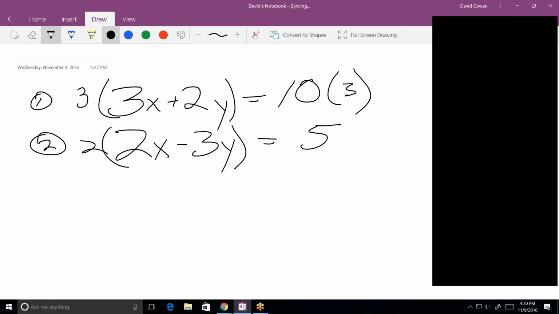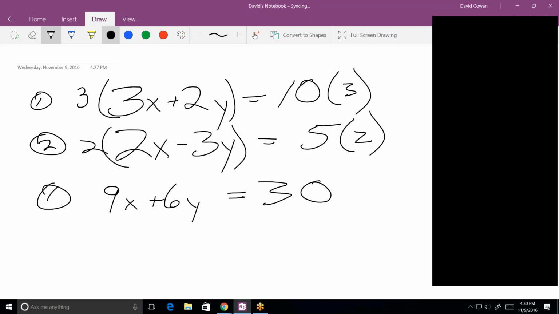Okay. Notice now what I have. Equation 1 becomes 9x plus 6y equals 30. And equation 2 becomes 4x minus 6y equals 10.